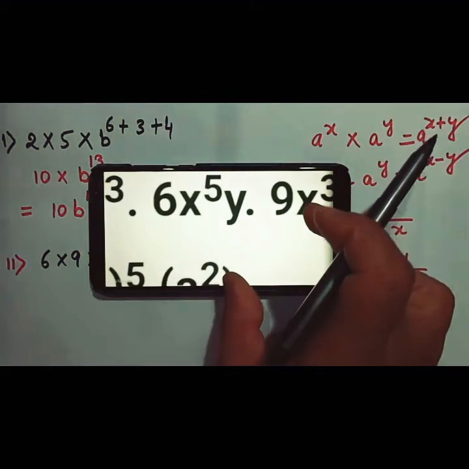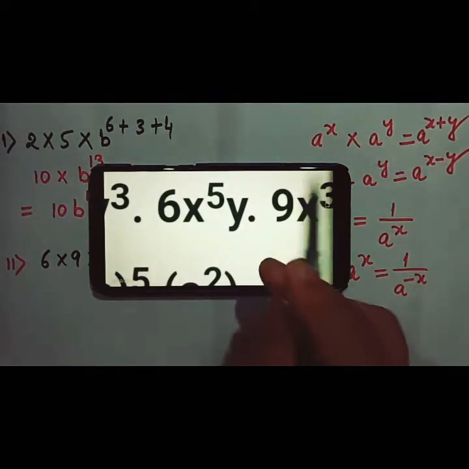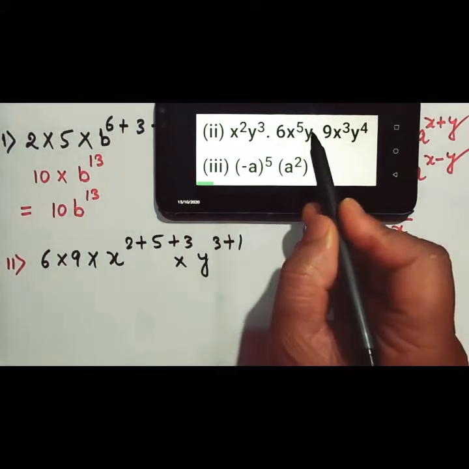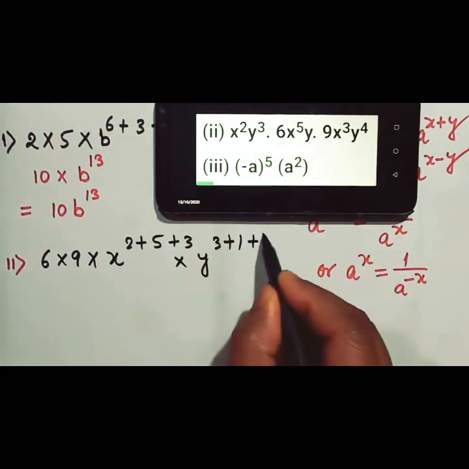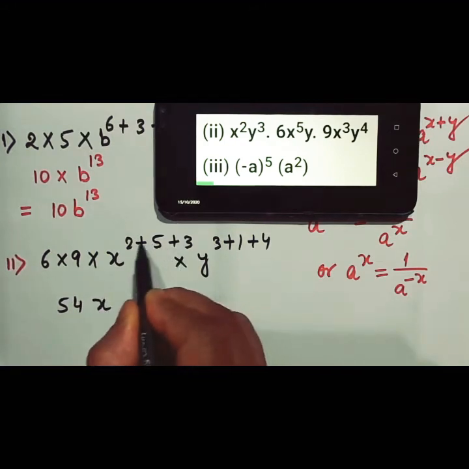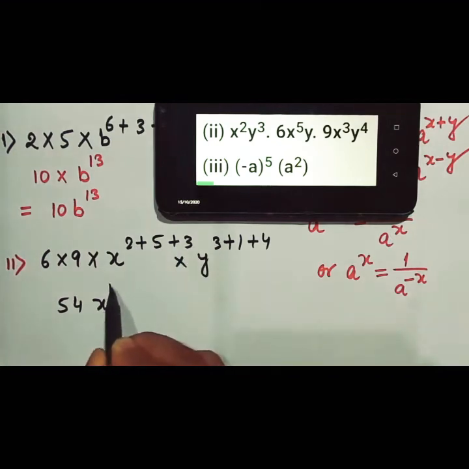Here the power of y is 1, remember. Now let us see what we get after multiplication. 9 sixes are 54, x to the power 2 plus 5 plus 3 is 10, y to the power 3 plus 1 plus 4 is 8. This is our solution in simplest form.